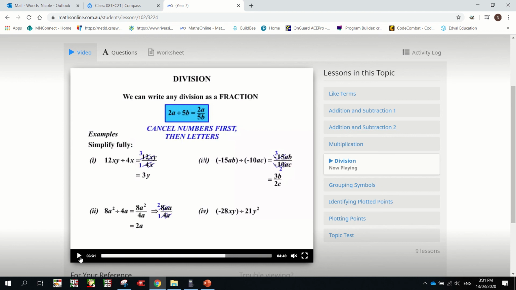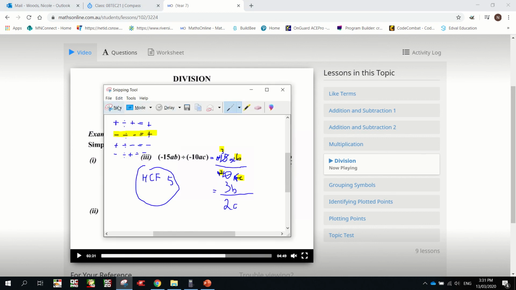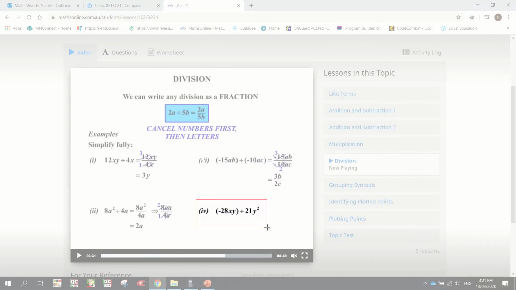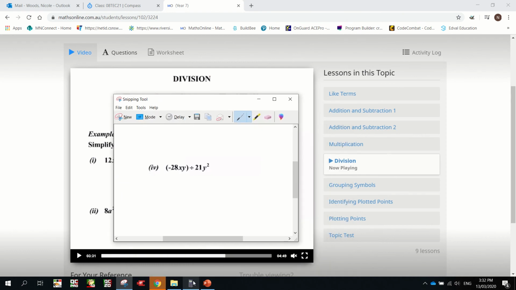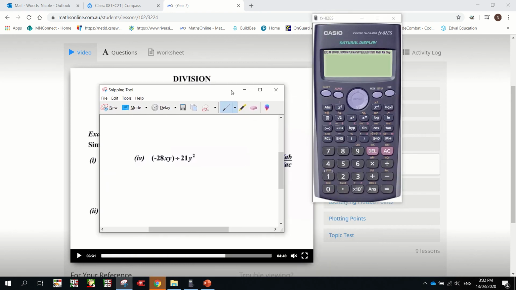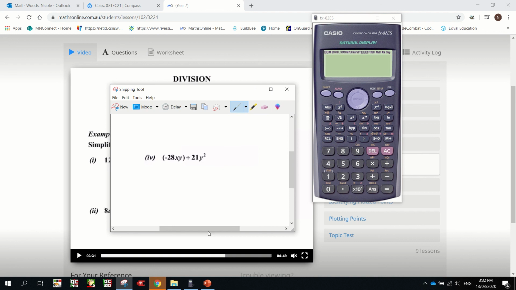All right, let's have a look at this one. Let's grab a snippet, a new snippet. All right, let's grab this up just in case. So let's rewrite it.